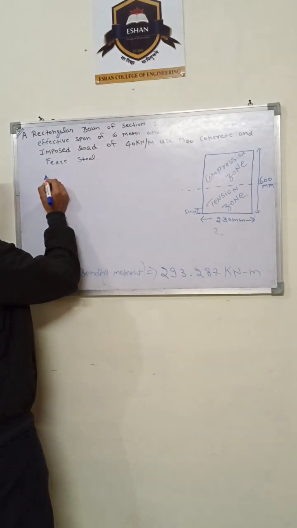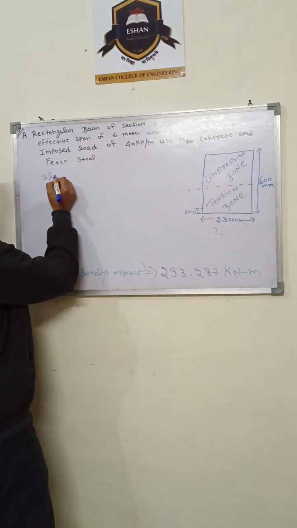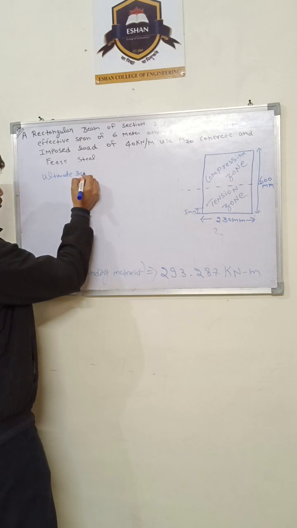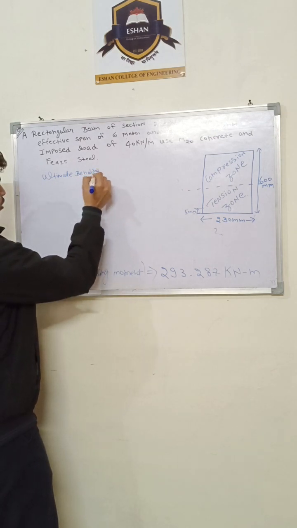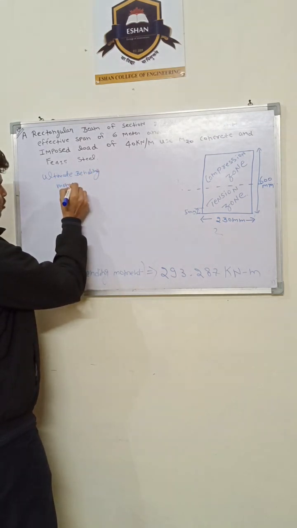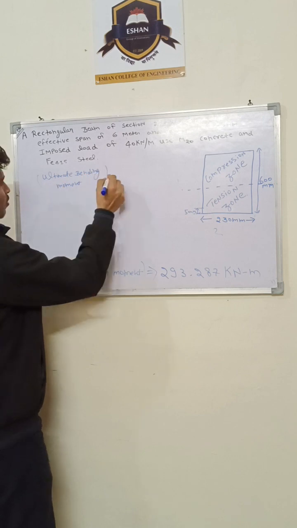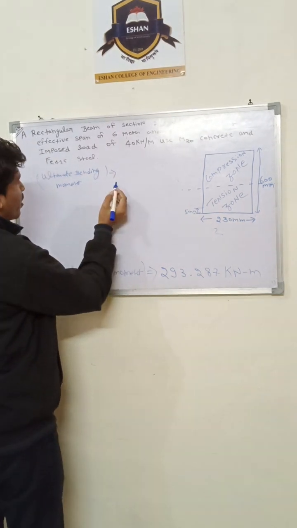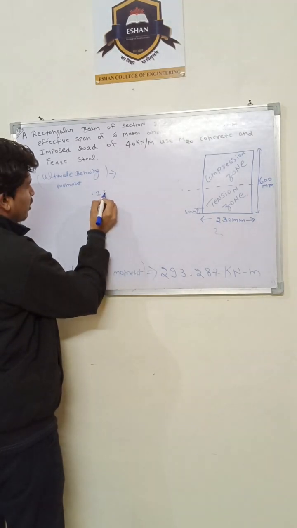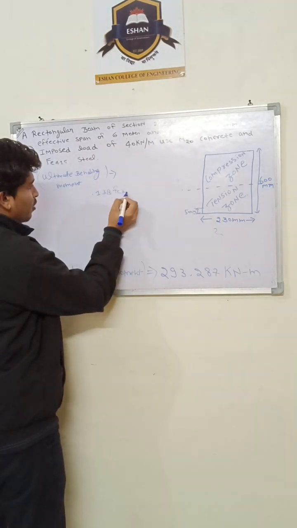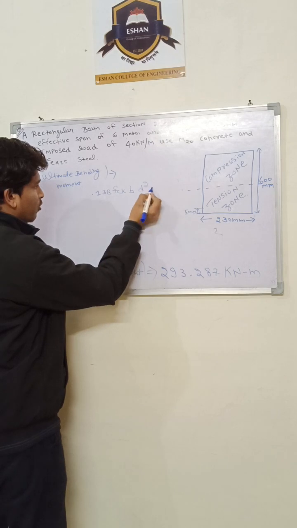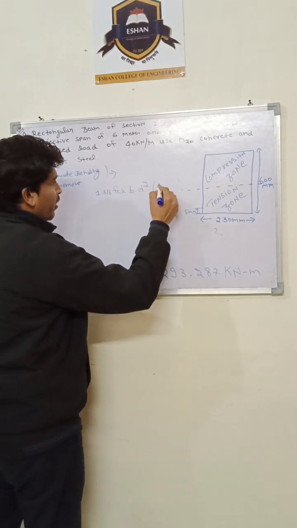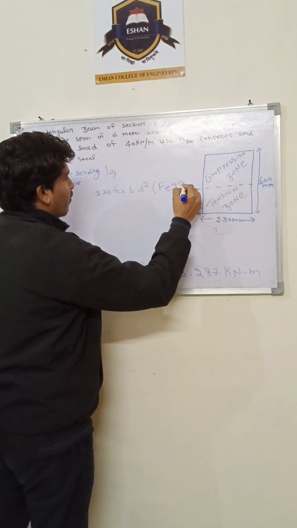Now we calculate the ultimate bending moment. For calculation of the ultimate bending moment, the formula is 0.138 fck bd squared. This is for Fe 415.